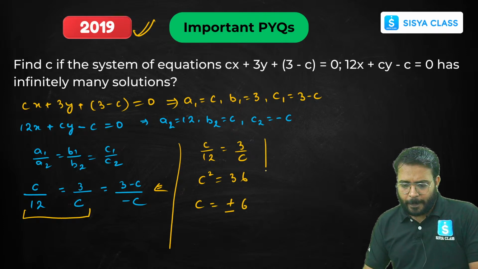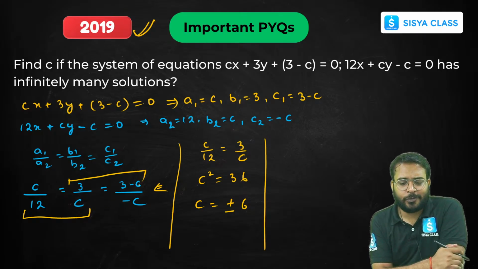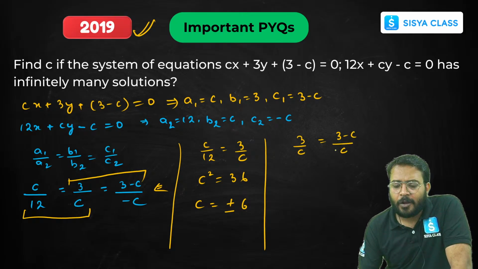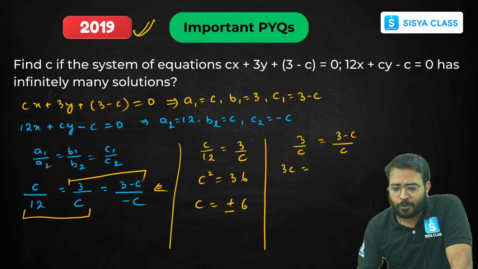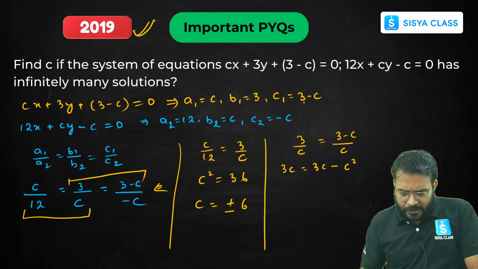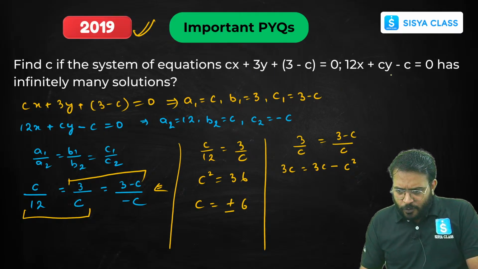Now I am going to take these other two ratios: 3 by c is equal to 3 minus c by c. Can we cross multiply? Yes, definitely. We have 3c is equal to 3c minus c square. Here I think I have missed some sign: 3 minus c here, and minus c here.